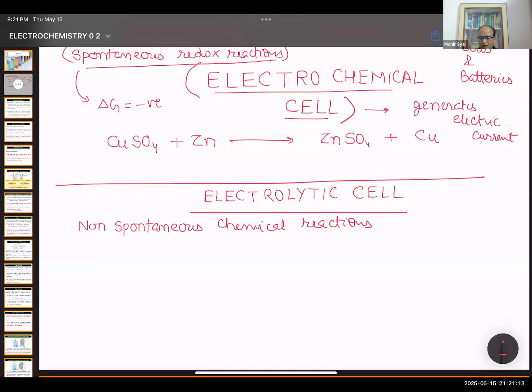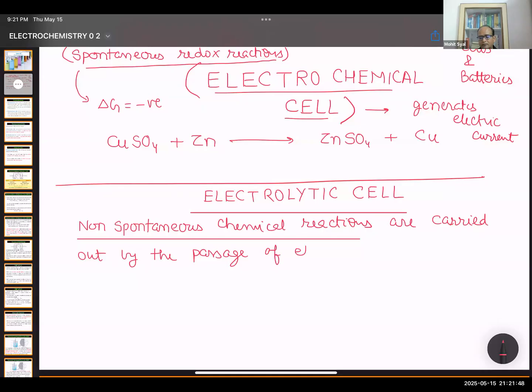Non-spontaneous chemical reactions can't happen on their own, so we need to supply electric current. Is it clear? So non-spontaneous chemical reactions are carried out by the passage of electric current.